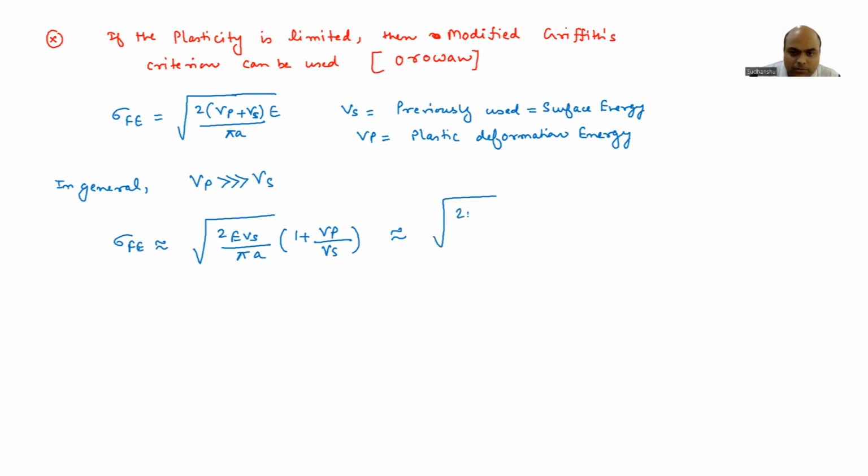So this becomes 2 E gamma S by pi A, times gamma P by gamma S. And this is modified Griffith, which is proposed by Orowan. Okay. And remember, this is valid when there is a little bit of plasticity at the crack tip. That means your radius is much higher than 8 R0 by pi. If it is on the order of, or less than, 8 R0 by pi, you can safely use the Griffith criteria we have already discussed.